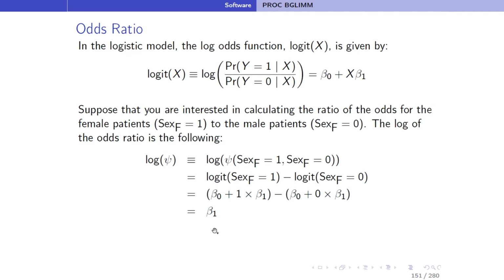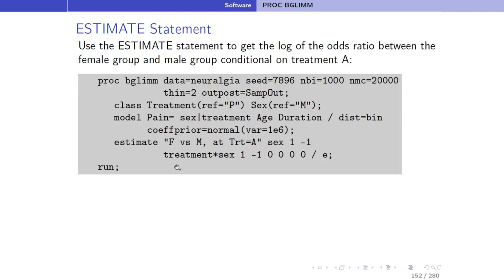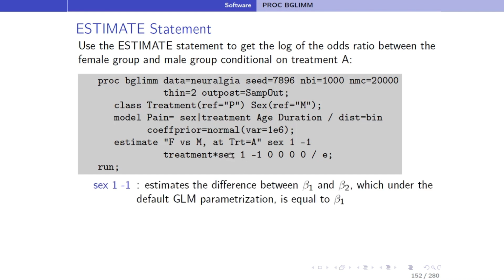If you work out the form, the difference between the two is simply the beta 1 coefficient. And then the odds ratio is the exponential of the log odds. You can just use the estimate statement to compute the difference between the female group and the male group, accounting for the treatment effects.